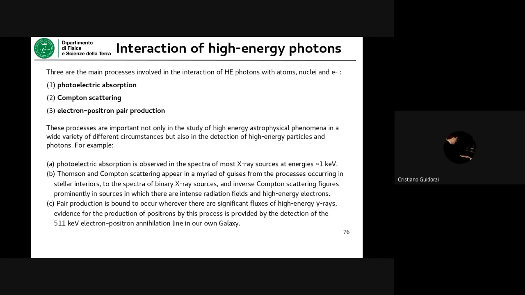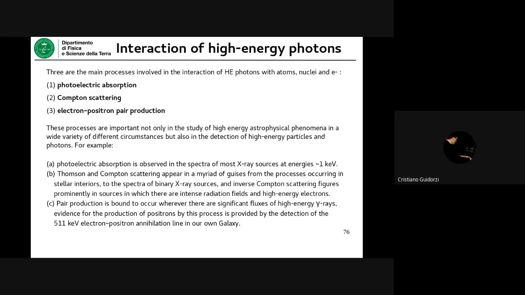The second one is Compton scattering, which is the analog of the Thomson scattering that we've already seen, but in this case the assumption that we made at the beginning when we studied Thomson's cross-section, that the energy of the photon has to be negligible with respect to the rest energy of the electron, is no longer the case.